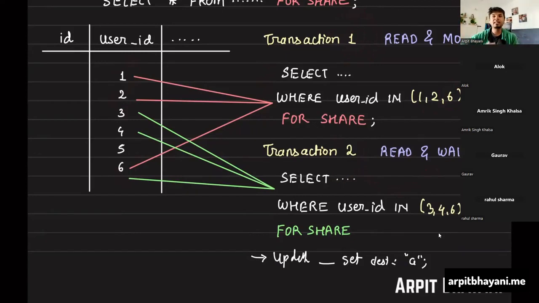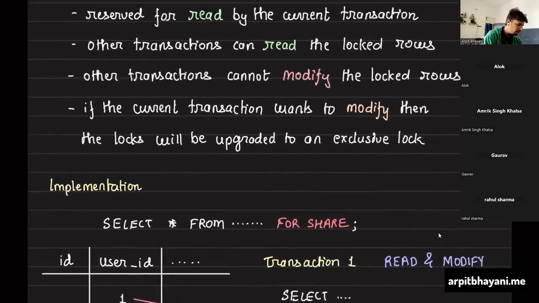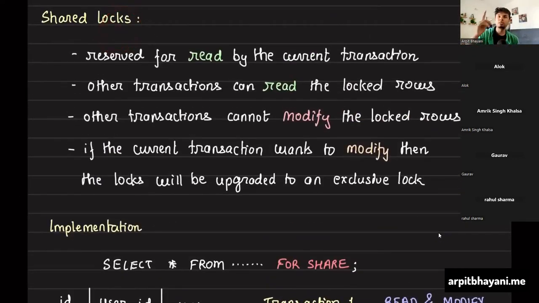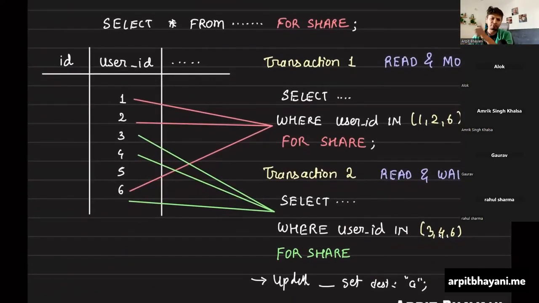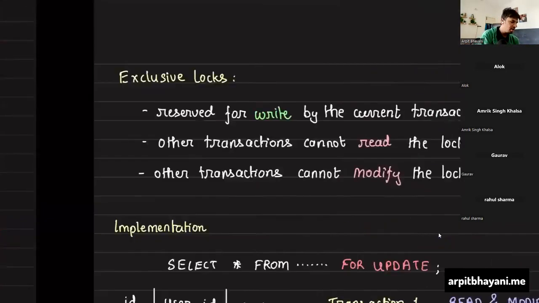Whenever a transaction wants to update a particular row, it has to take an exclusive lock. Here, the elevation from shared lock to exclusive lock happens implicitly. You don't have to do anything. We'll see it in action, and you'll basically get what I say here. Okay, so this is about read locks or shared locks.